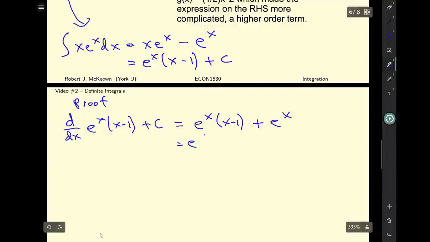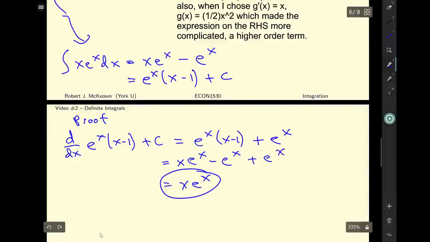If I open up the bracket, I've got x e^x minus e^x plus e^x, which is x e^x. And that's exactly what we were looking to take the integral of. And so this is the correct answer.